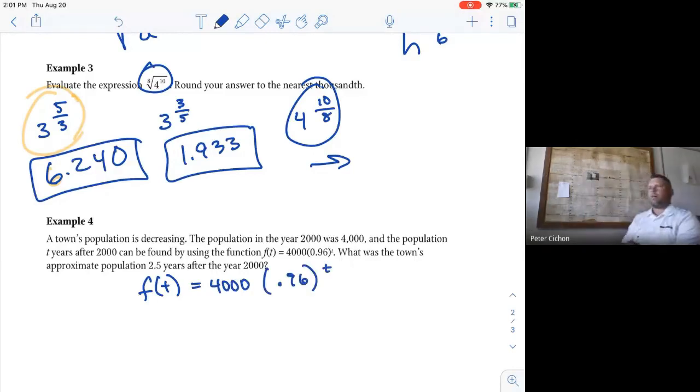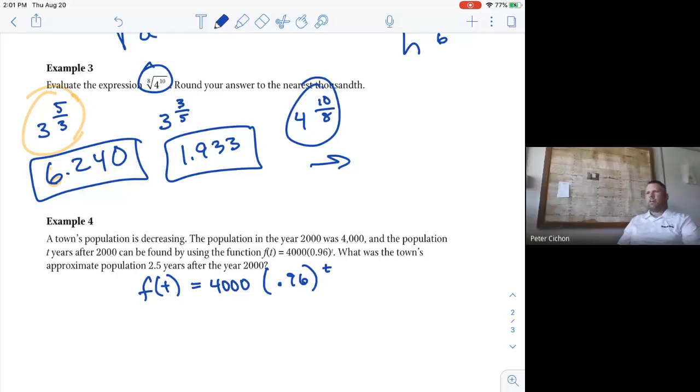It says, what was the town's approximate population 2.5 years after 2000? So f of t, function of time, equals 4,000 times 0.96 to the t.